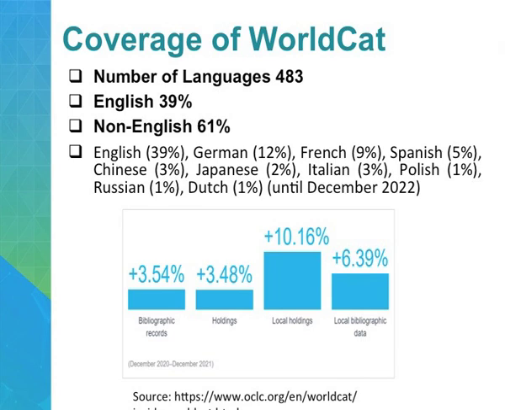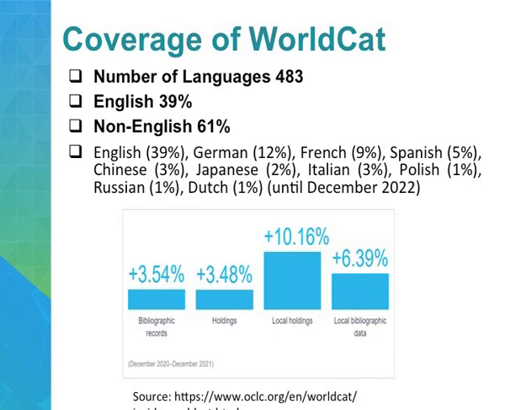English is 39%, German 12%, French 9%, Spanish 5%, Chinese 3%, Japanese 2%, Italian 3%, Polish 1%, Russian 1%, Dutch 1%, and this is the data until December 2022.